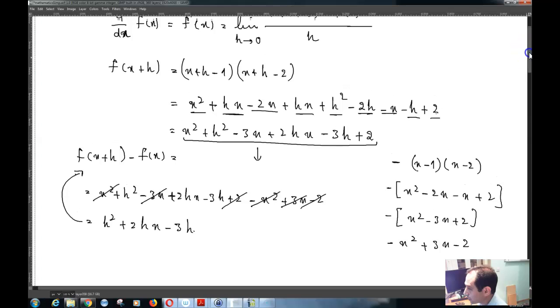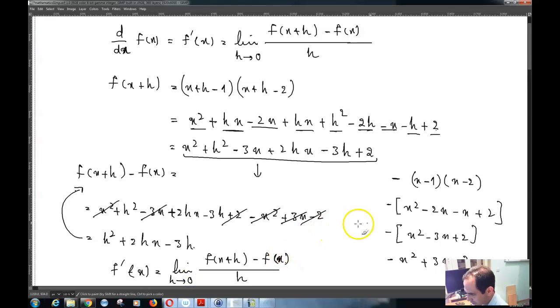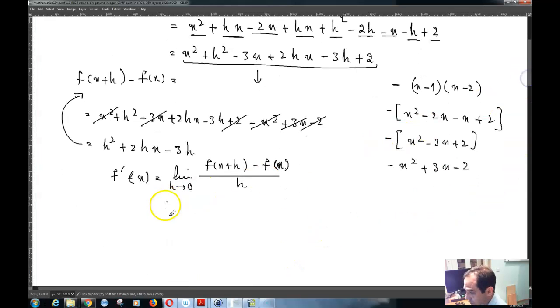Now we said that we wanted to calculate f prime of x, which was equal to the limit of f of x plus h minus f of x over h as h tends to 0. So then you can write this as the limit of h squared plus 2 times hx minus 3 times h over h as h tends to 0.